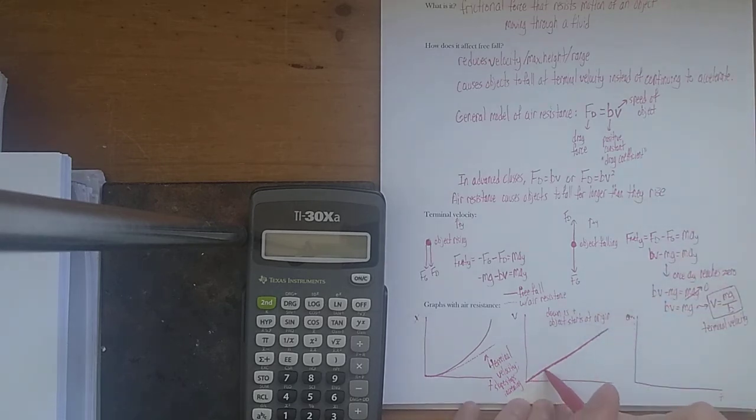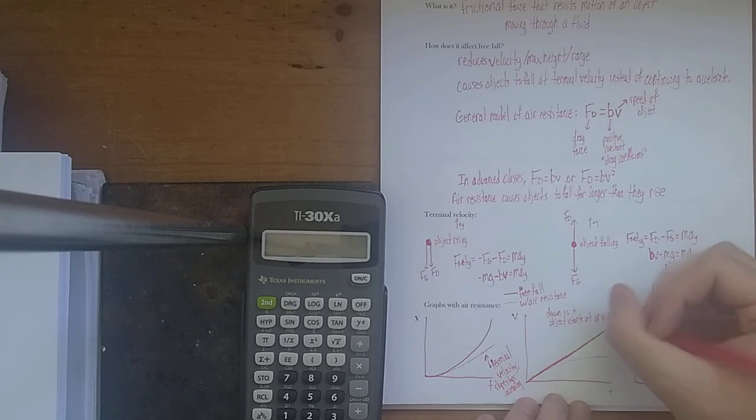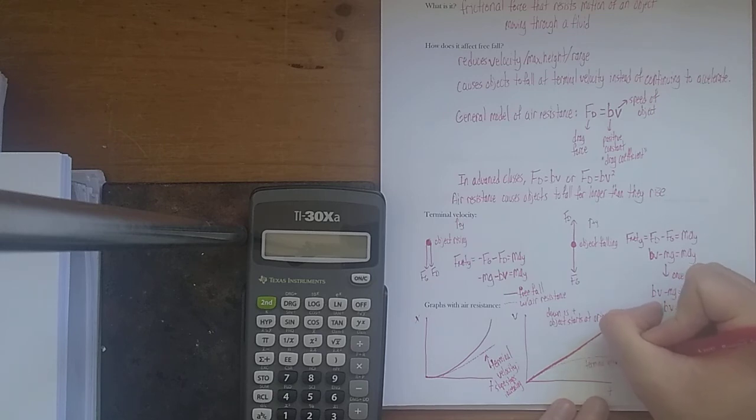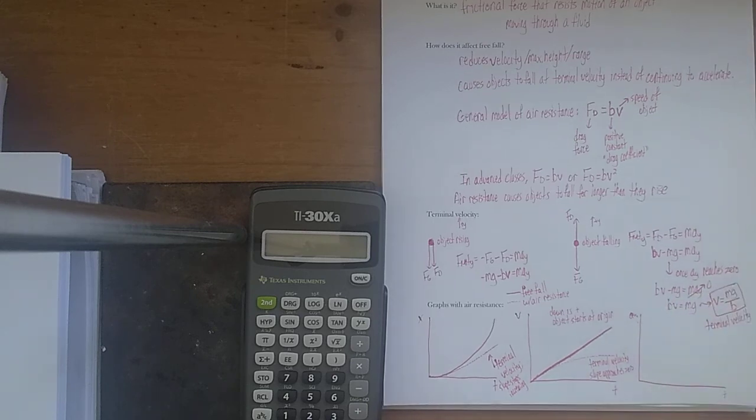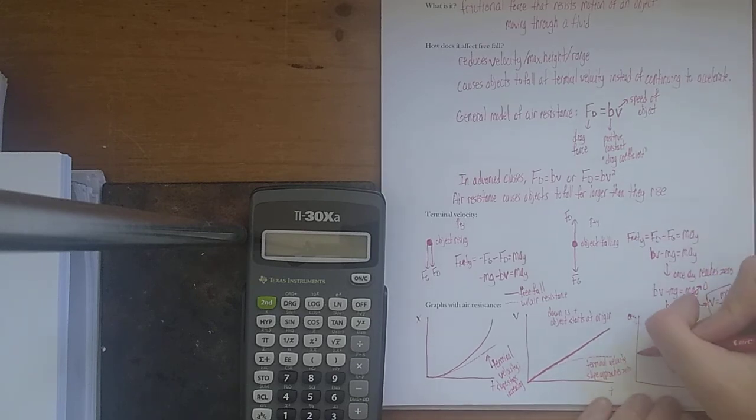Here would be the graph of terminal velocity with air resistance. The slope approaches 0. And then finally, normally, for the acceleration in free fall, it is a constant 10 meters per second downward.